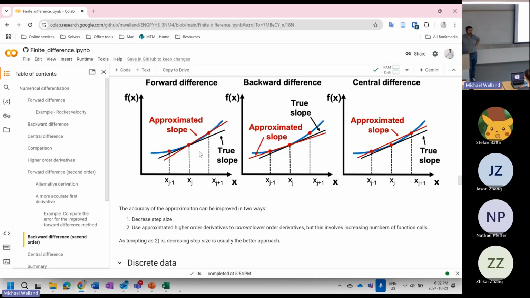But why wouldn't you just use central difference at that point? It makes sense, but the whole point with the central difference is that you're relying on the fact that you're going above and below to cancel out those even powers.